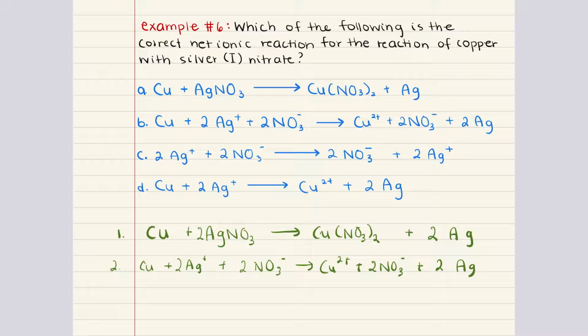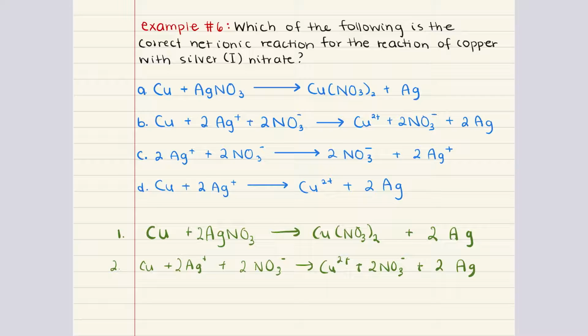In this total ionic equation, what we notice is that the nitrate ions appear on both sides of the equation. They do not participate in the actual chemical reaction. These are known as spectator ions. We can remove the spectator ions to simplify the equation, really just focusing on the species that undergo the chemical change.